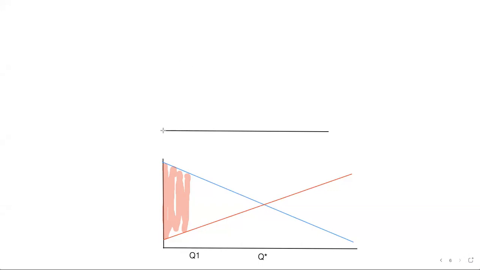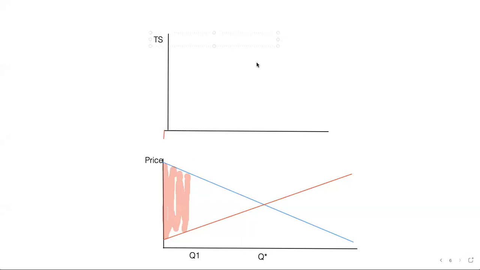And up here on this diagram, I need to get my axes going. Here, I'm measuring price on the vertical axis. Here, I'm going to measure total surplus.